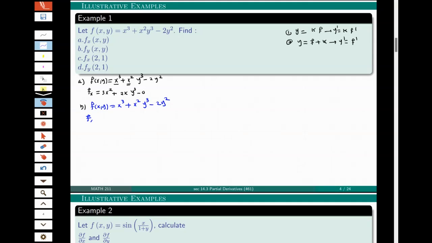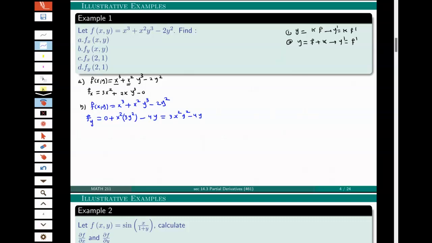So if I want to find f sub y, I am dealing with y only as the variable. The derivative of x cubed, a constant, is 0. x squared is constant, and the derivative of y cubed is 3y squared, minus 4y. So we get 3x squared y squared minus 4y.